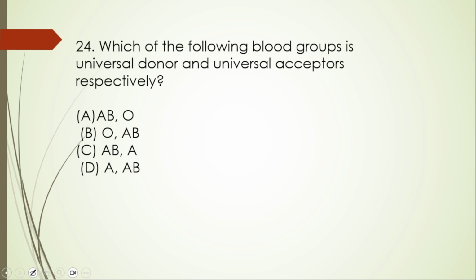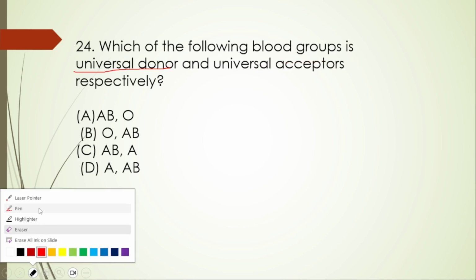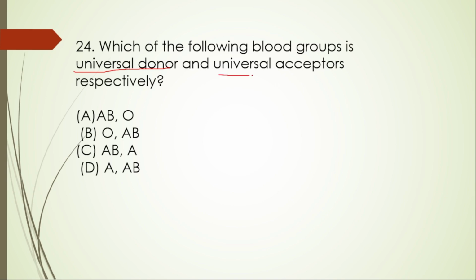Next, for the 24th question: which of the following blood groups is universal donor and universal acceptor respectively? Just give me a minute. As you people already know, universal donor is type O, and universal acceptor is type AB.